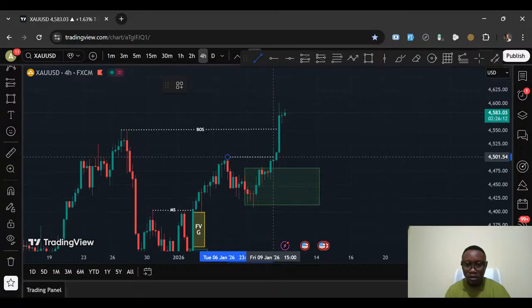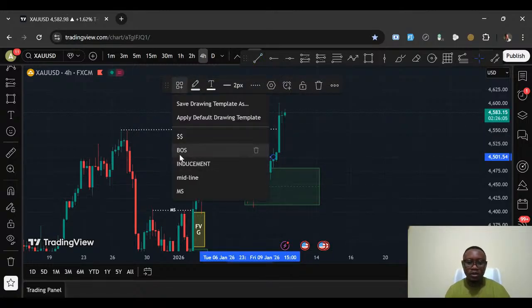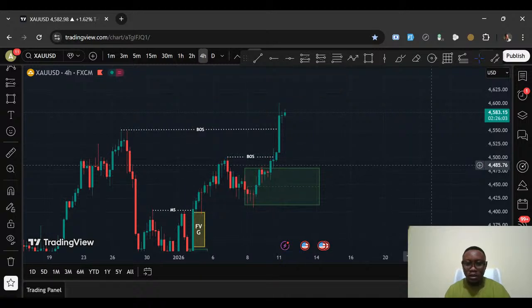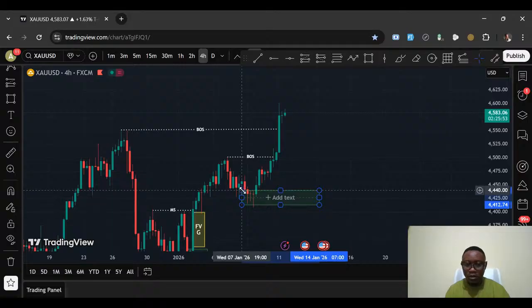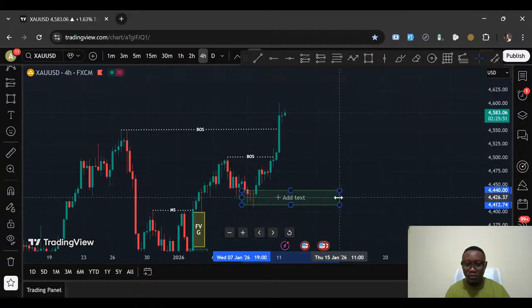This break of structure here is right, and we have a zone here. There's a 4-hour zone, right?